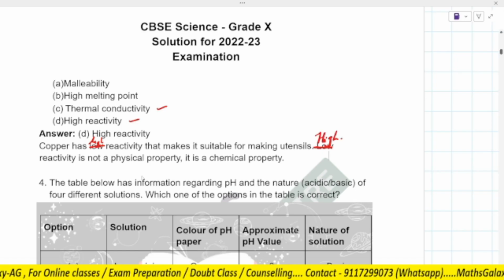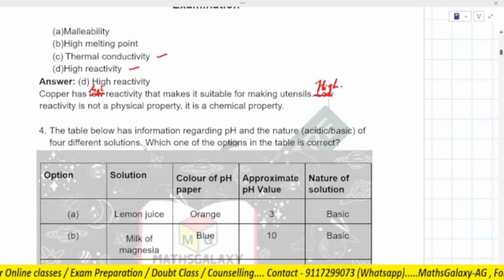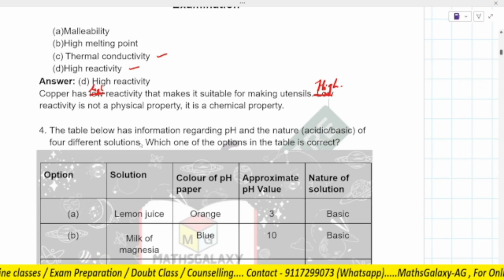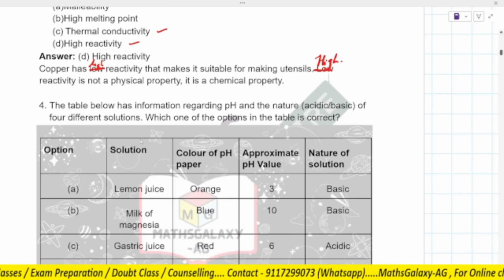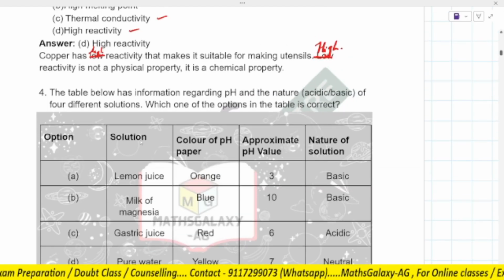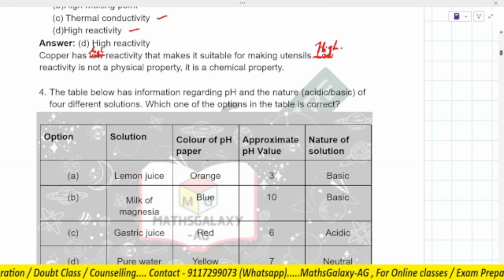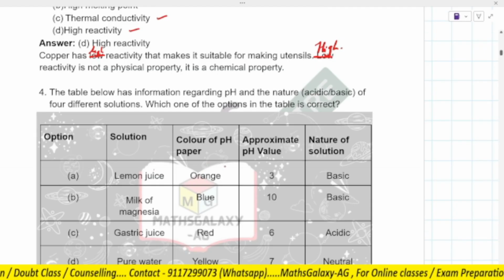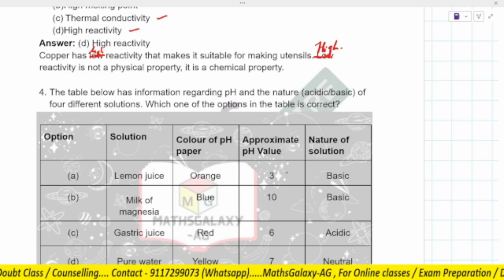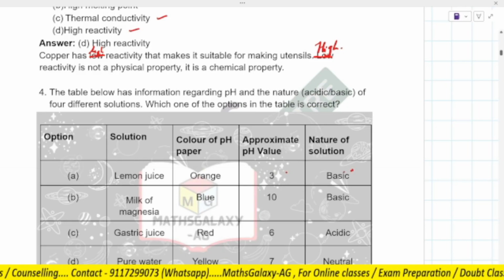The table below has information regarding pH and the nature, acidic or basic, of four different solutions. Which option in the table is correct? The first is lemon juice: color of pH paper orange, approximate pH value 3, nature of solution base. That is wrong.